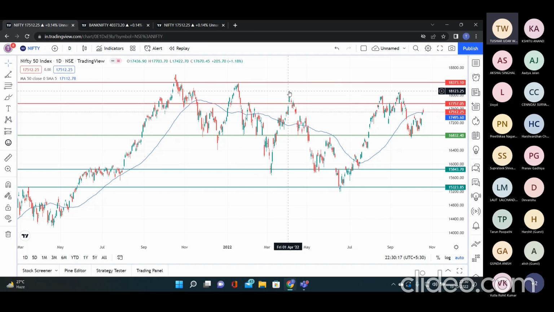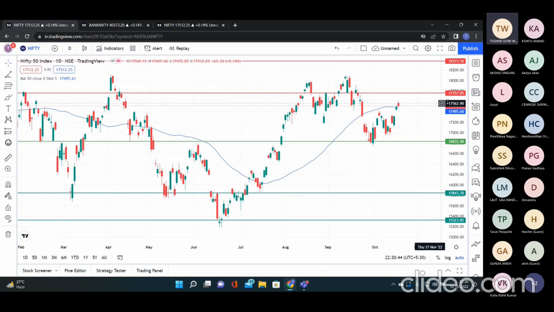Nifty had a tremendous fall from March till June, and this price level was where the market got support, and then the price bounced back till near last year's high, and then it retraced back to the next support level of 16,000. Today it was trading around 17,512.